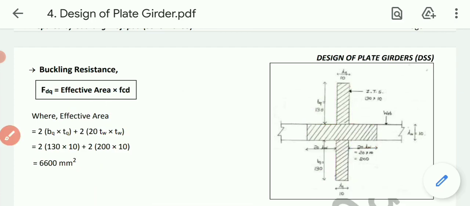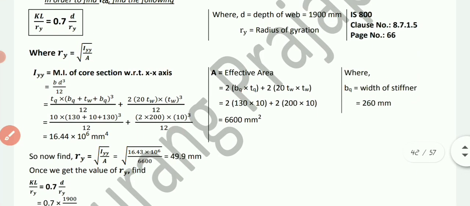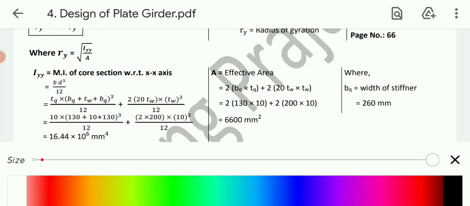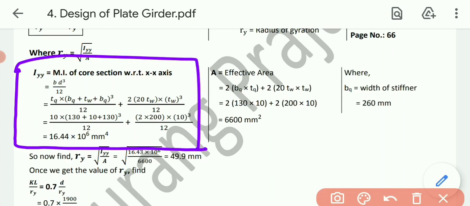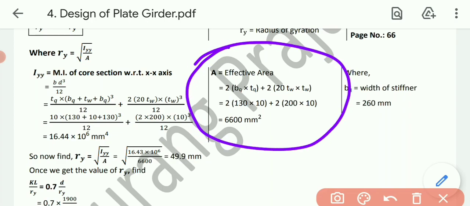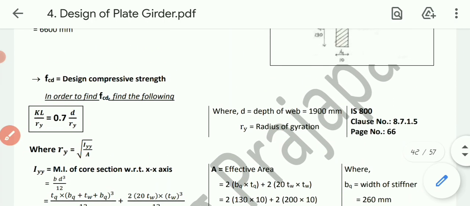So 10 into 130 plus 10 plus 130 cube by 12 plus 2 times 200 into 10 cube by 12. Simplifying the term, I get the answer 16.44 into 10 raised to 6 mm raised to 4, and we have already calculated the area earlier, just you can see.